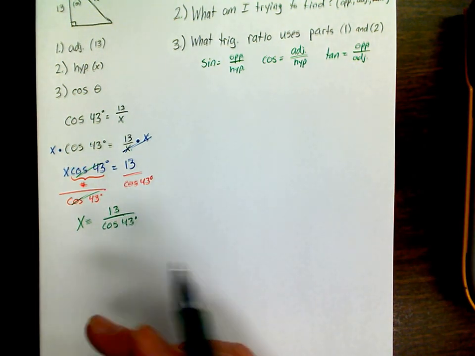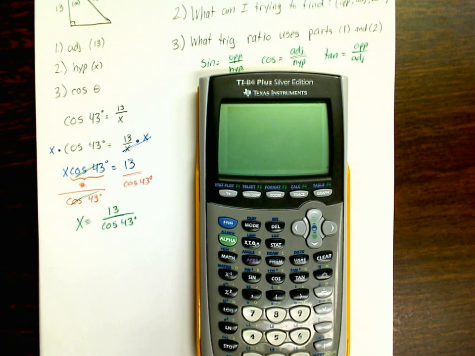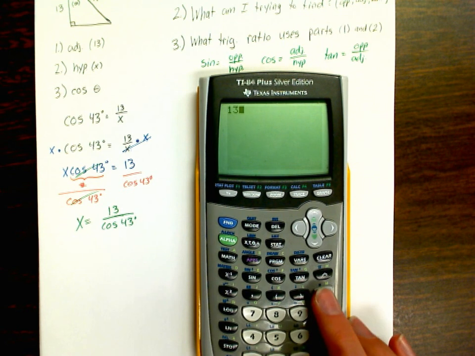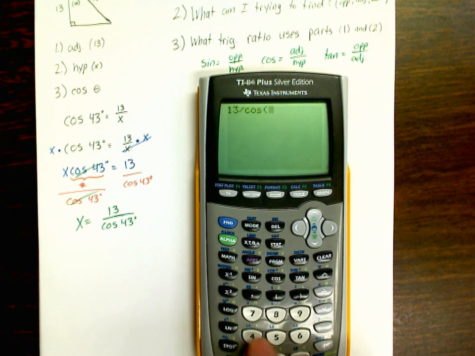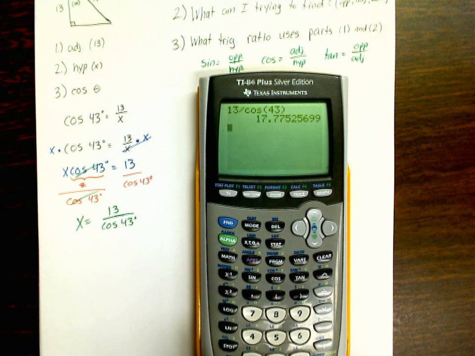So let's go to the calculator. I'm going to type it directly in. I want to do 13 divided by the cosine of 43. If you wait to do this division till the end, you're going to get a more accurate answer, which is why I didn't want to put the decimal in up here. So 17.78.